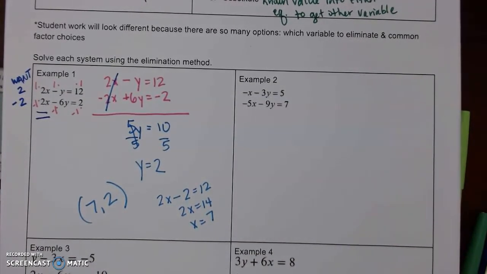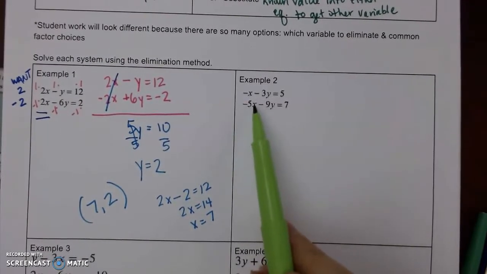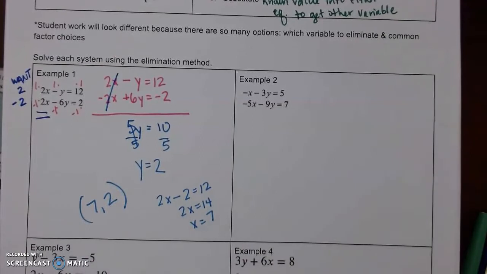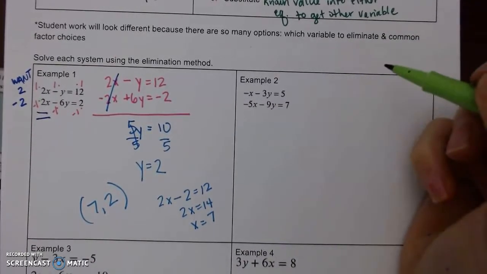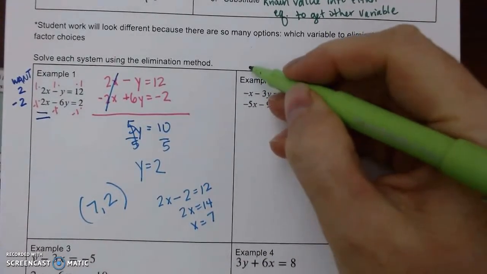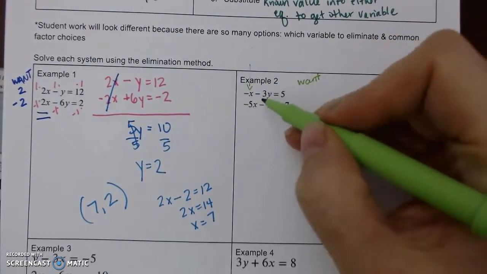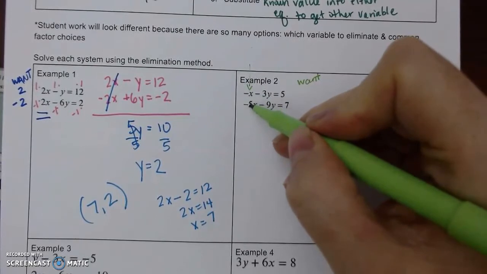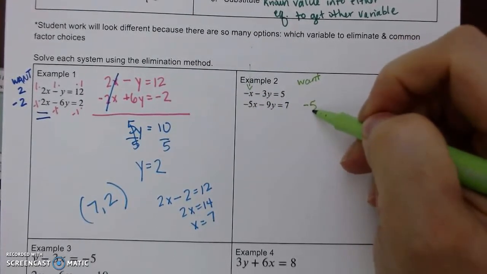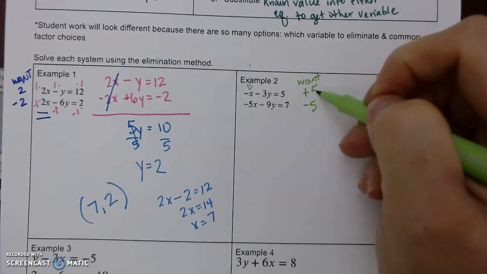That's it. Let's do our second example. Same thing, you get to pick. Do you want the x's to go away or the y's? I'm just going to pick x's. I've got negative 1 and negative 5. I can keep one of them as negative 5, and I have to make the other one a positive 5.